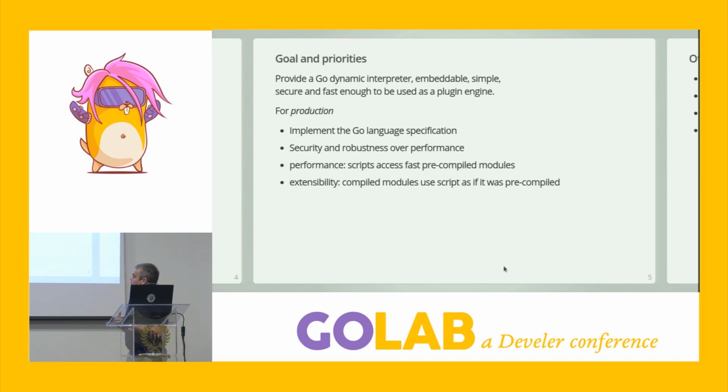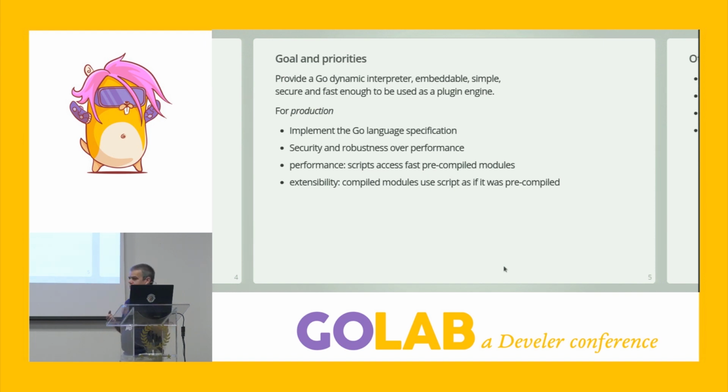We also want to be able not only to call binary code from the interpreter, but also to do the reverse. We want to be able to invoke interpreted code directly from the binary, even if the binary has no previous knowledge of what will be interpreted. So it's really a matter of making Go more dynamic.